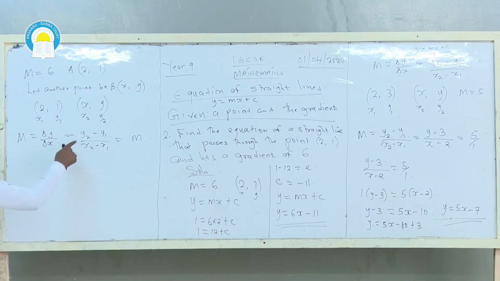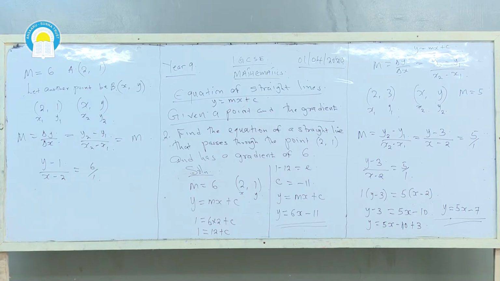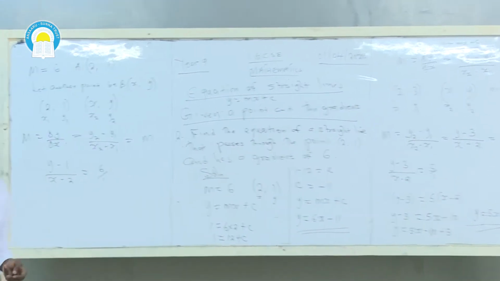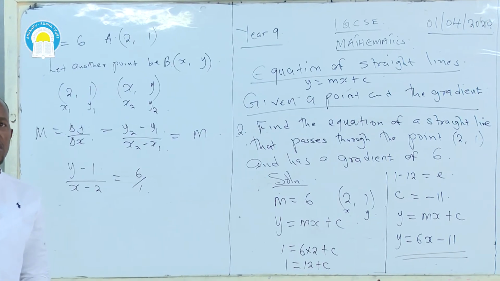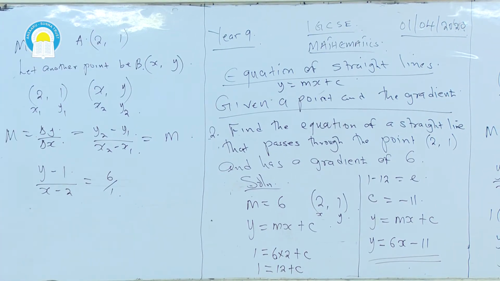Now, y2 is y, so y minus 1 over x minus 2 is equal to 6 over 1. Sometimes the gradient can be a fraction, and then it becomes easy for you to cross multiply.